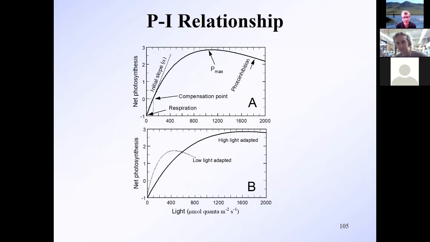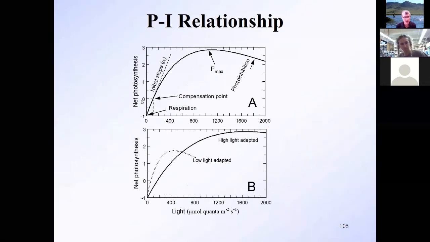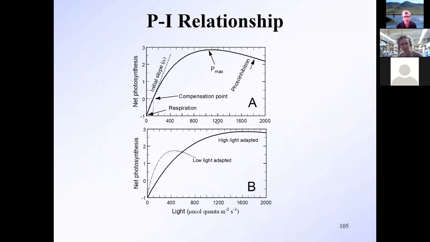When we plot the rate of photosynthetic oxygen production or consumption, which is net photosynthesis, on the y-axis against light, we get these relationships with respiration happening in the dark, a compensation point where production and respiration balance each other at zero, some maximum photosynthesis, an initial increased slope, and photoinhibition if light gets really high. And then we have high light and low light adapted species. And that brings us to the first question of the day.